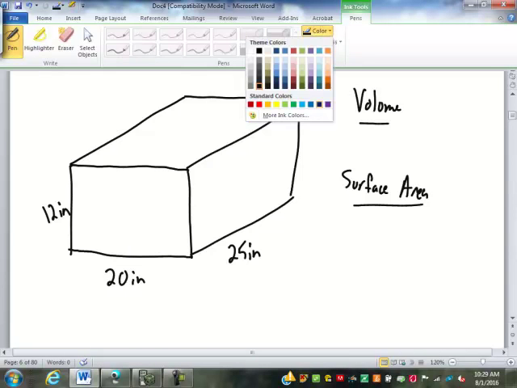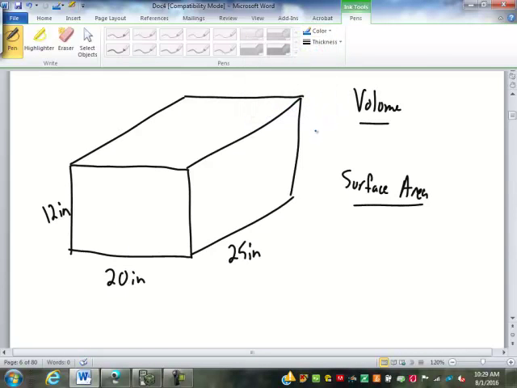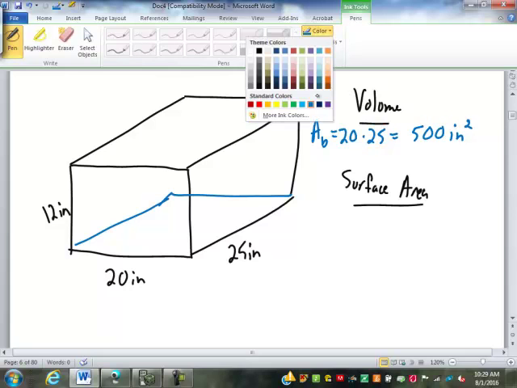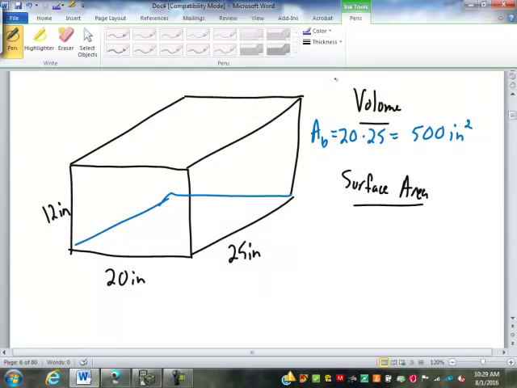For volume, there's two steps. One is find the area of the base. The base we're going to consider to be the bottom of this, which is 20 by 25, which is going to be 500 square inches. What is step 2?